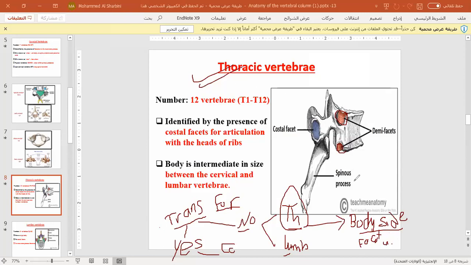This facet is like an impression, like a print, due to the attachment of the rib from the side of the body. So if you see this facet, this will be a thoracic vertebra. The thoracic vertebra is identified by the presence of the costal facet due to articulation with the ribs. Also its size is intermediate between the cervical and the lumbar. The lumbar is large or big, and the cervical is small, but the thoracic is midway in between.